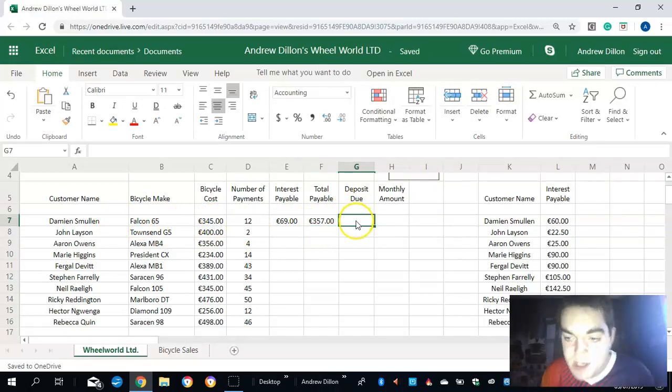Now this sum is going to be an if statement, and it's deposit due of the cost of the payments of the bicycle.